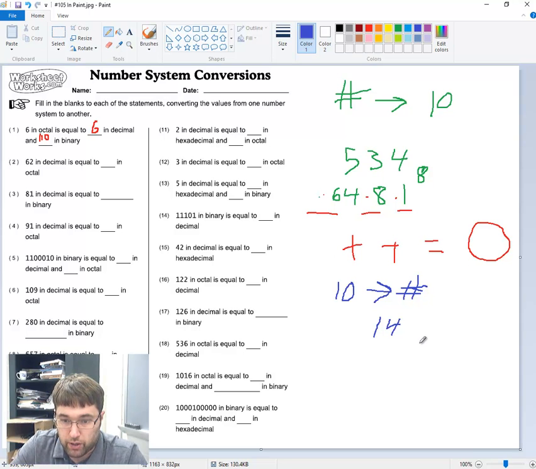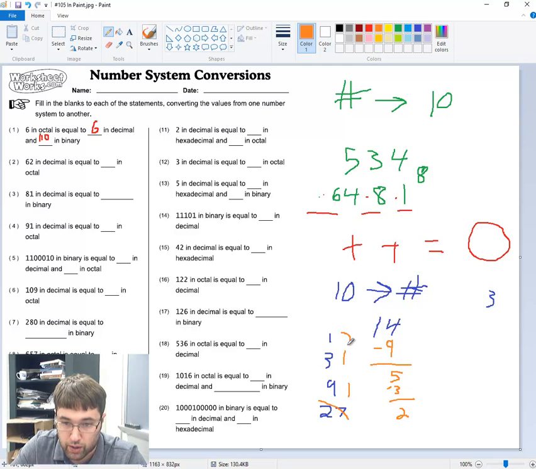So take your number 14, and if we wanted to go into base 3, we would go 1, 3, 9, 27, multiples of 3 until the number is bigger than our number. And then you would say 27 does not go into 14, 9 does. How many times? Once. So we subtract 9 from it, because 9 times 1 is 9. Subtract, we get 5. How many times does 3 go into 5? Once. Subtract 3. And then you get 2, so the answer is 2.